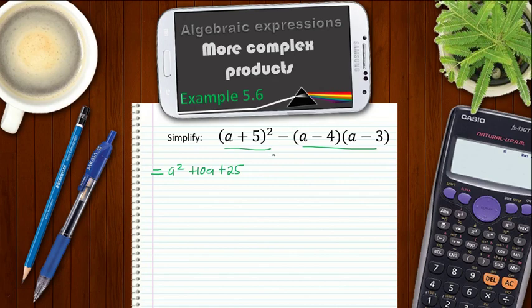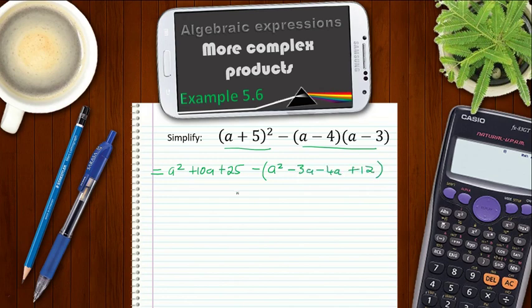Now, because of this negative, when I multiply these out, I have to put brackets because this negative is going to apply to everybody inside the bracket. So now going ahead with our normal procedure, a times a is a squared, minus 3a, minus 4a, plus 12.